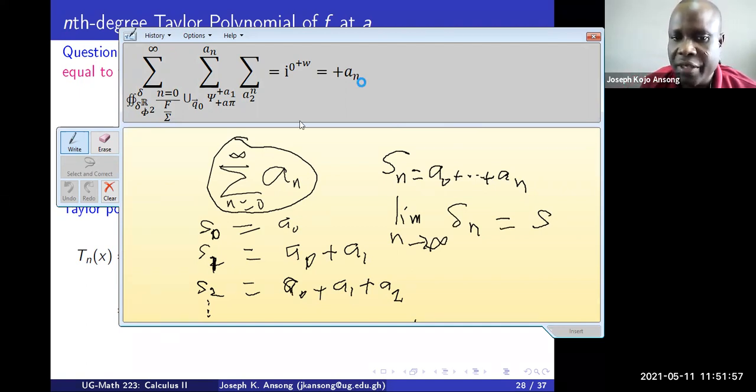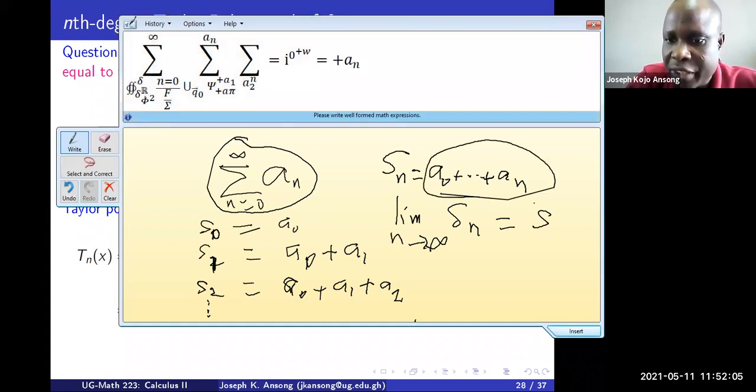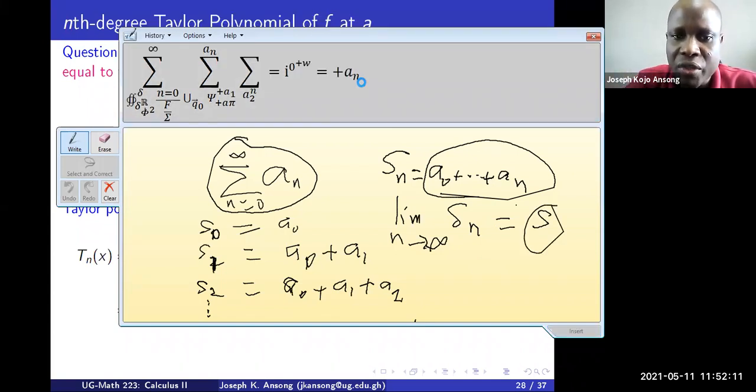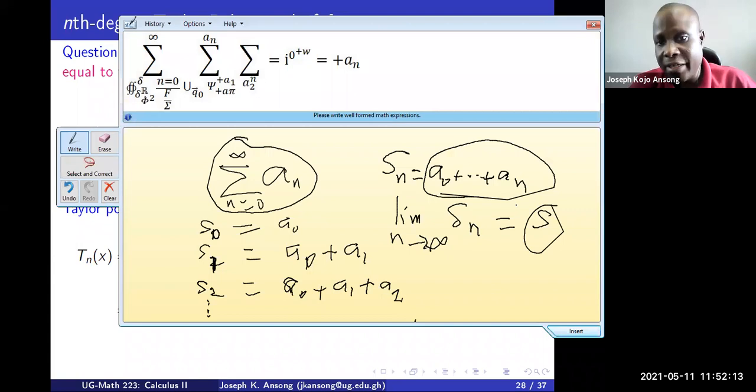That's what it means to say that an infinite series converges. You have to look for the partial sums, sum up to some number, and if those partial sums as n goes to infinity exist as some number, then you can conclude that the series converges. So that is the idea we're going to use here.